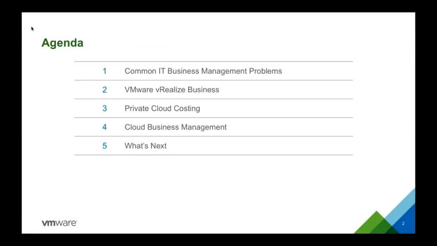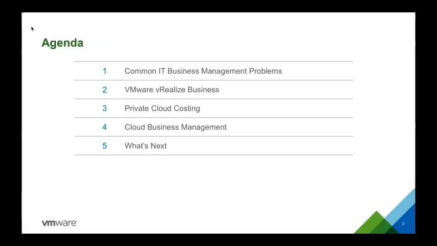So I'm going to talk a little bit about just some common IT business management problems. I won't spend very much time on that, and then we'll talk specifically around VMware vRealize Business, where it fits in the overall VMware offering, and then talk about how it supports us around various areas like private cloud costing.